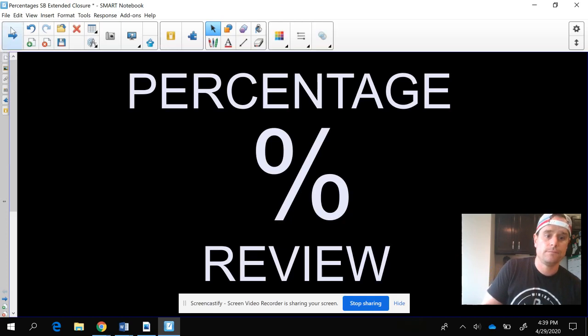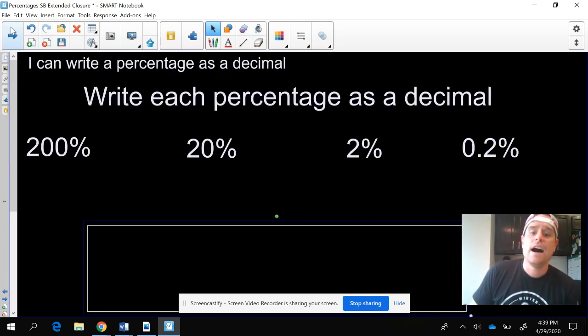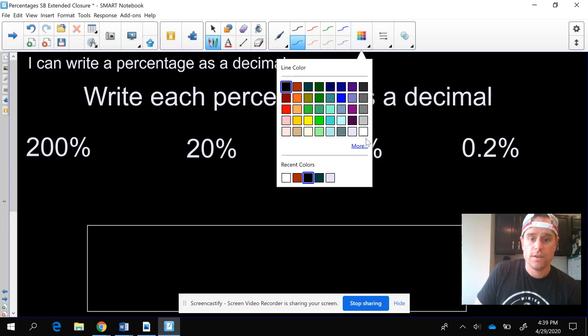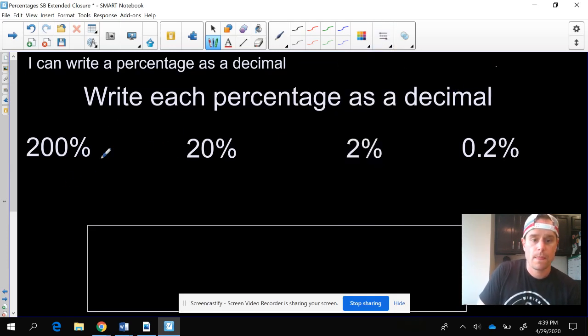And here we go. So first things first, write each percentage as a decimal. You have to remember that if I say write a percentage as a decimal, you take the percentage and you move the decimal over 2 times, not once, not 3 times, but 2. 1, 2, every single time.